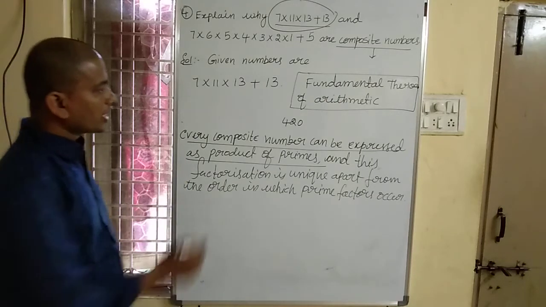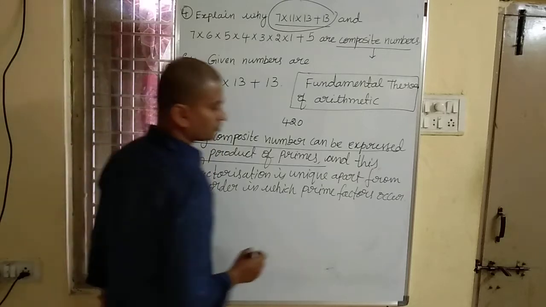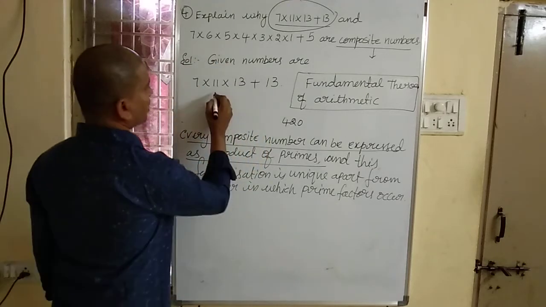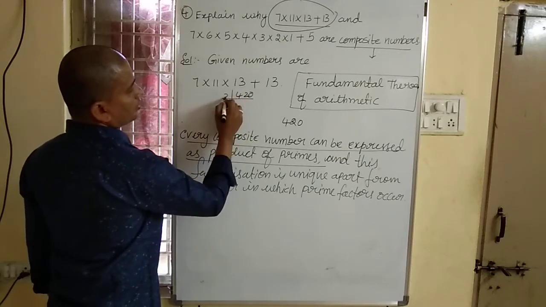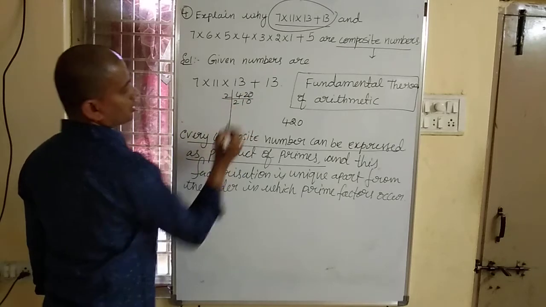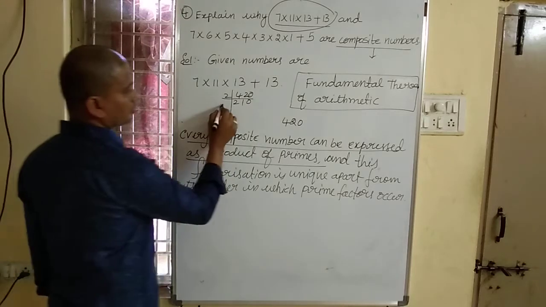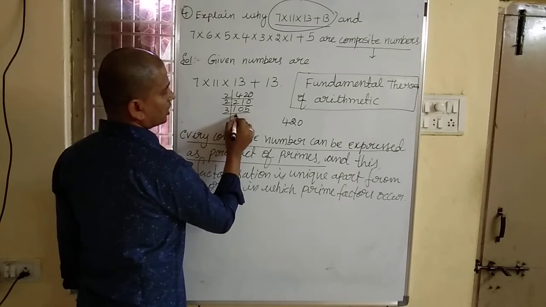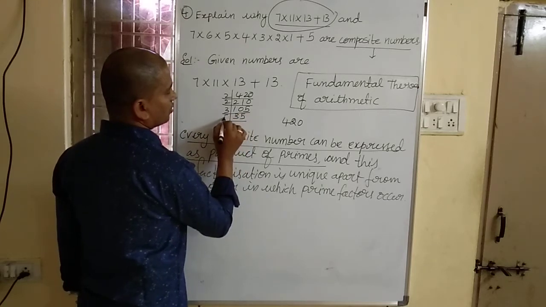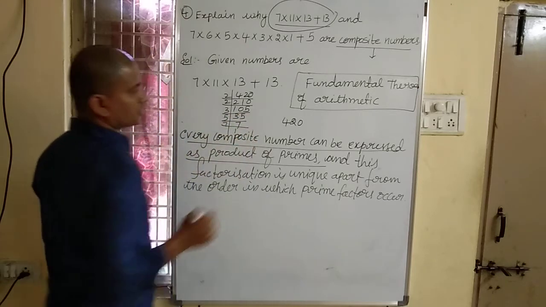So how can I express 420? Let me write here 420. 2 2s are 4, 2 1s are 2, 2 0s are 0, 2 1s are 2, 2 5s are 10, 3 3s are 9, 3 5s are 15, 5 7s are 35, 7 1s are 7.